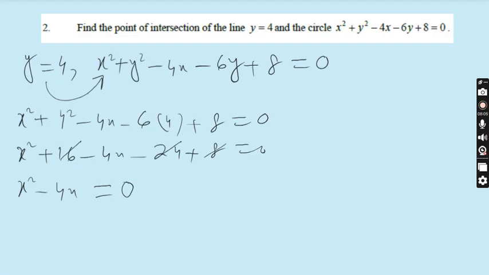So x square minus 4x, and 16 and 8 make 24, which cancels with negative 24, giving 0. So x square minus 4x equals 0. Taking x common, x times (x minus 4) equals 0. x equals 0 and x equals 4 is the answer.